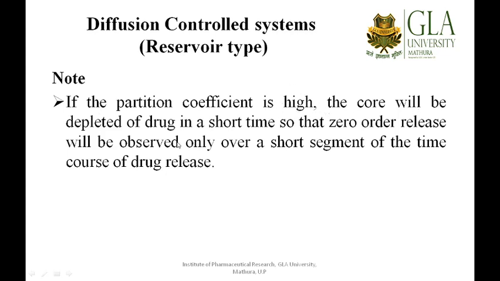The core of the drug will be depleted in a very short time, so that zero order release will be observed only over a shorter segment of time, whereas after that you will experience a fluctuation in the drug release pattern. So you should be choosing those candidates which are moderate in partition coefficient.